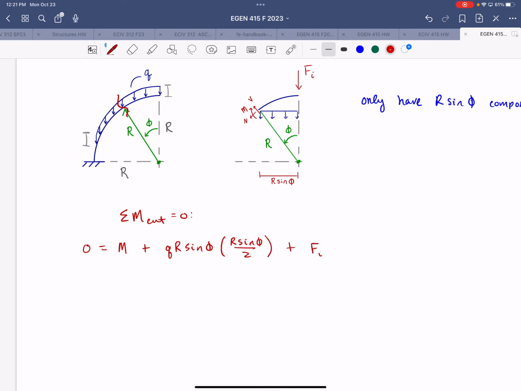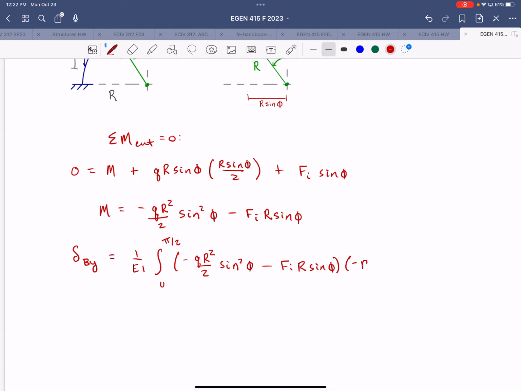The deflection equation then would be 1 over EI times the integral from 0 to pi over 2 of negative QR squared over 2 sine squared phi minus Fi r sine phi. And the partial derivative, again, is negative r sine phi.